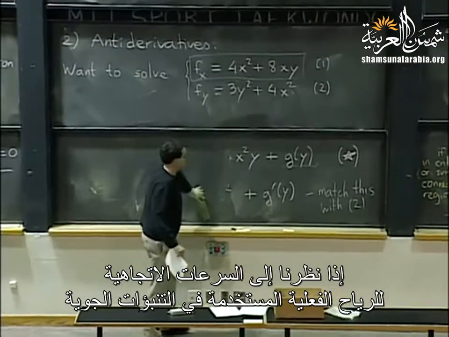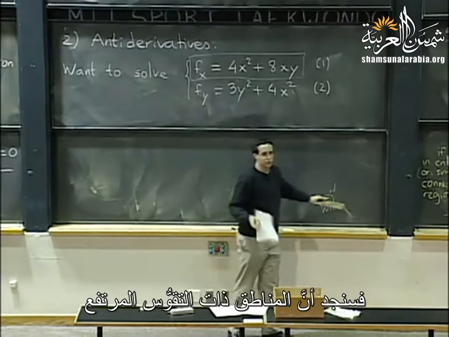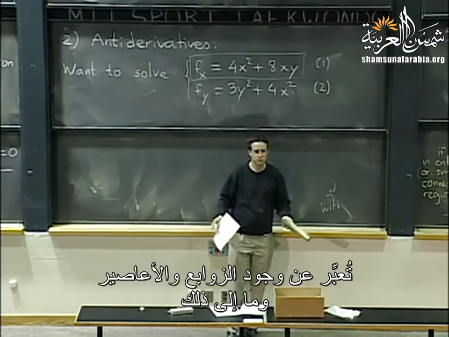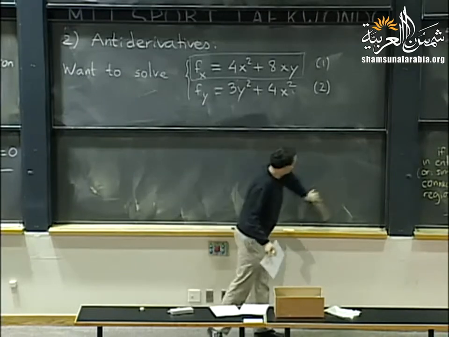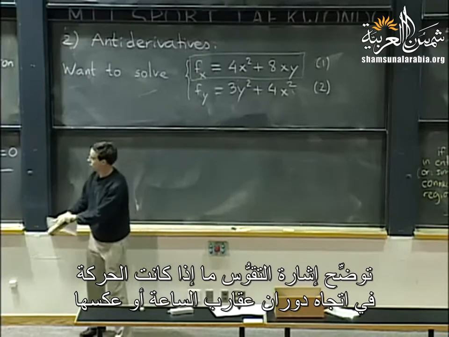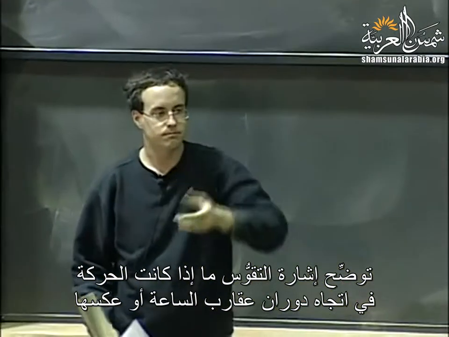So if you're looking at actual wind velocities in weather prediction, then the regions with high curl tend to be hurricanes or tornadoes or things like that. They're not very pleasant things. And the sign of the curl tells you whether you're going clockwise or counterclockwise.